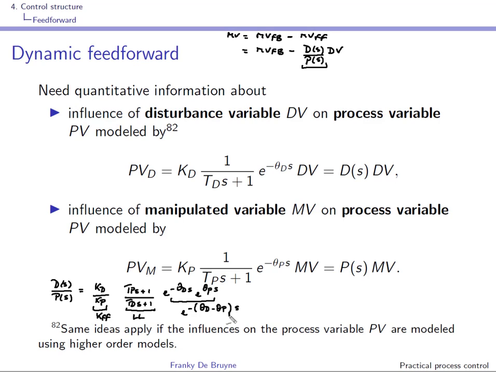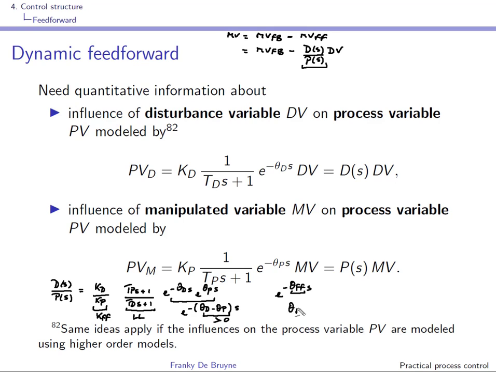s, but a delay should be larger than 0. So what we'll do is rewrite this differently. We'll rewrite it as exponential of minus theta feed forward s, right? And this theta feed forward will be theta d minus theta p as long as it is positive. So how can we write this?